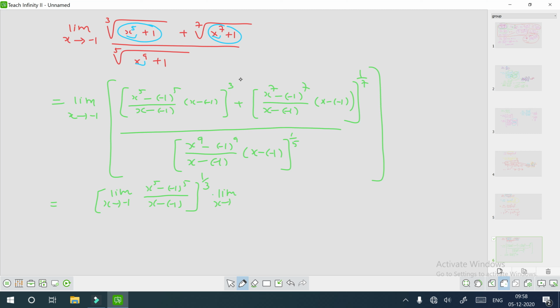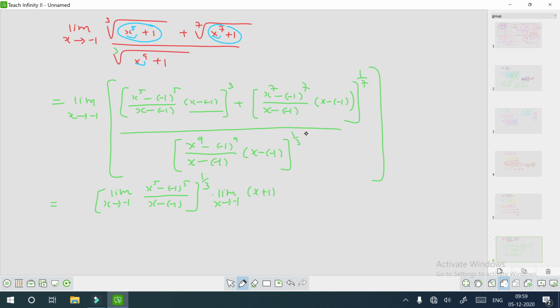See here, (x plus 1) cube, here we get (x plus 1) raised to 7, here we get (x plus 1) raised to square. Here also I am going to write cube root. So here what we get? 1 by 3.